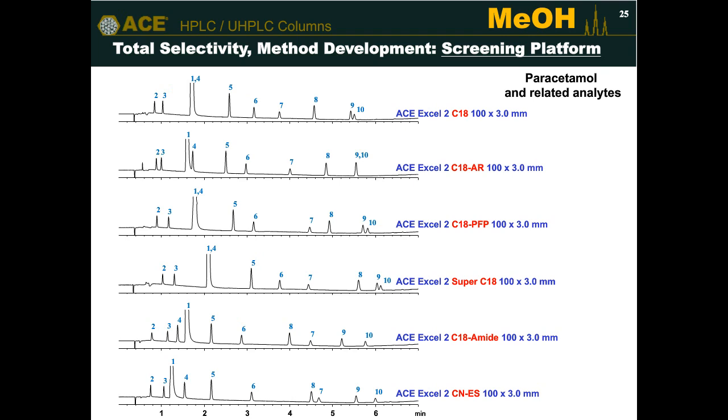So if you use a different type of organic solvent, different column chemistries, the chemistries have to be different to each other, different mechanisms of interaction, and even different pH, so a low pH or mid pH or even a high pH, then you can start to build up a picture of the composition of that sample, even if it has many unknowns in it, because you can literally count the number of peaks.